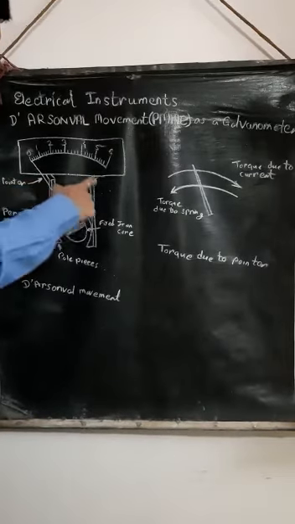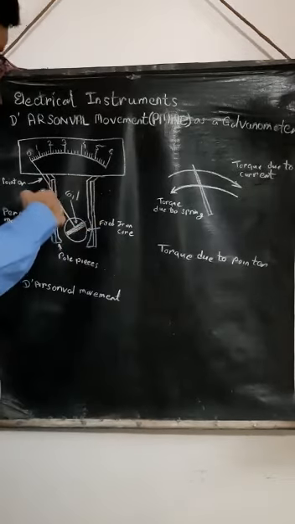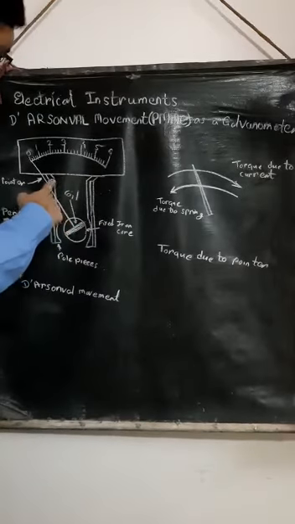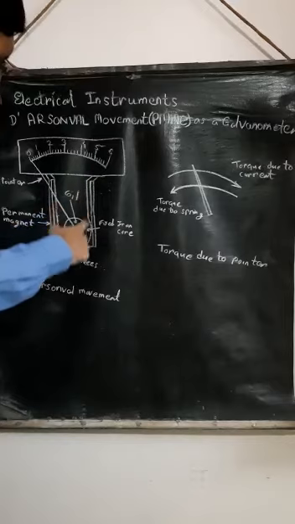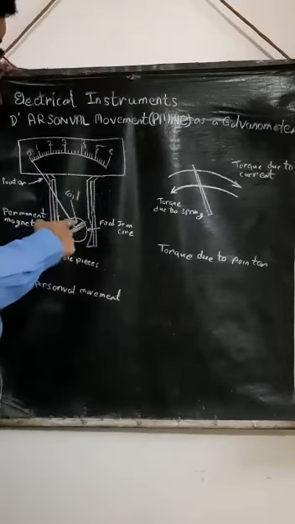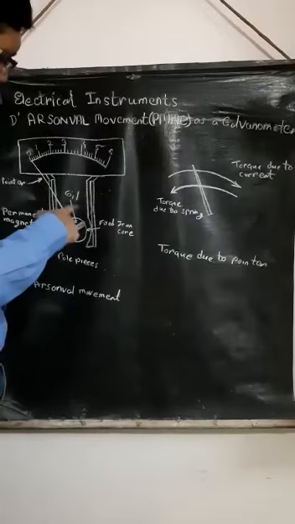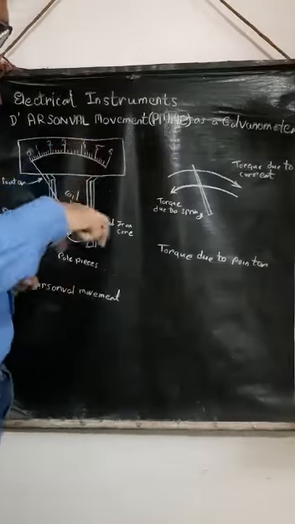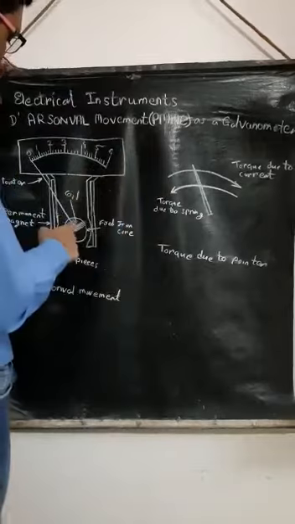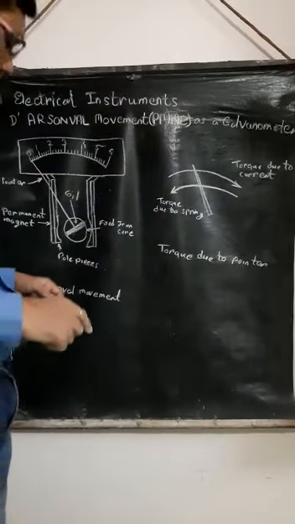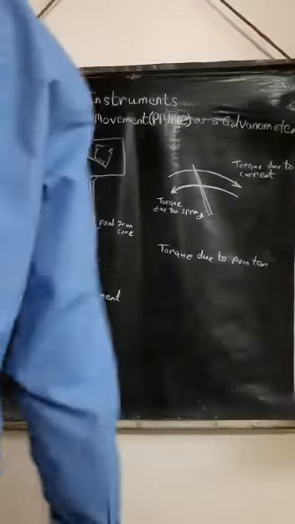These are permanent magnets, and this is the pole, the pole shoes. This is the coil. This is the fixed iron core, the iron core which is suspended in the magnet. This is the pointer. Okay, this is the d'Arsonval movement.